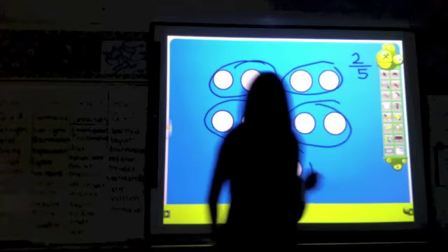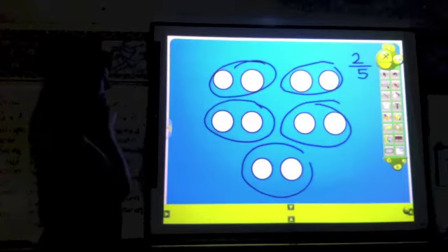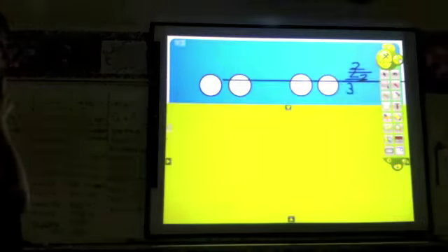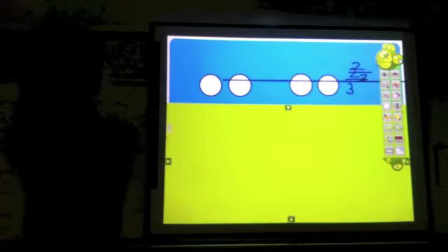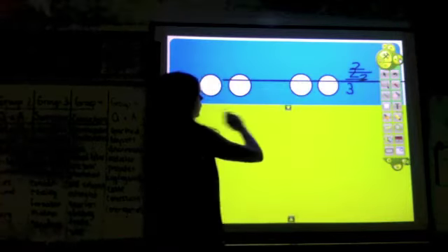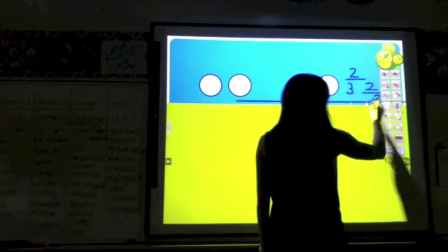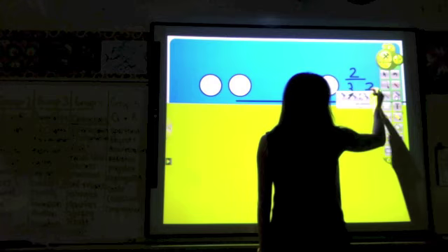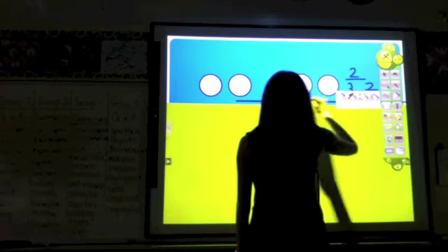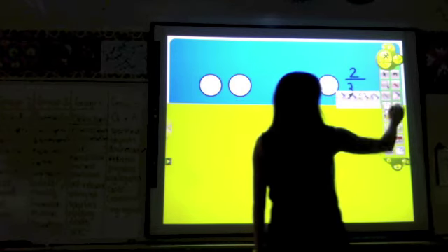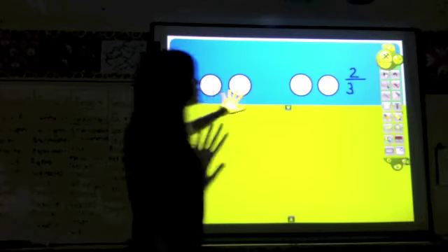All right, let's do another one together. Let's say that these 4 counters represent 2/3 of my whole. Actually, I'm going to get rid of this. There we go. All right, so these represent 2/3 of my whole.